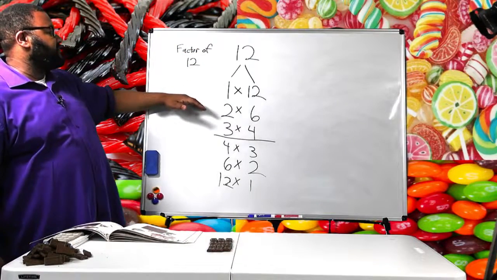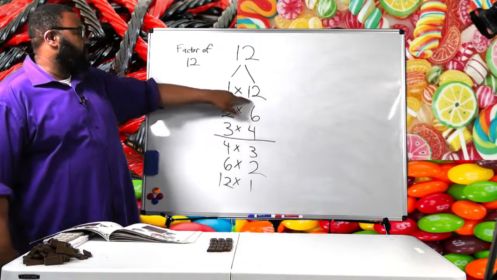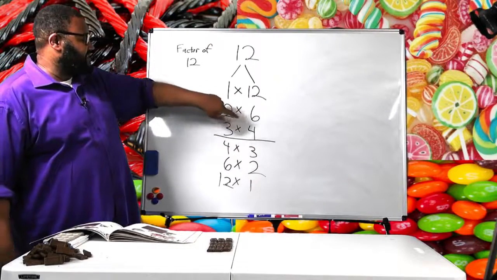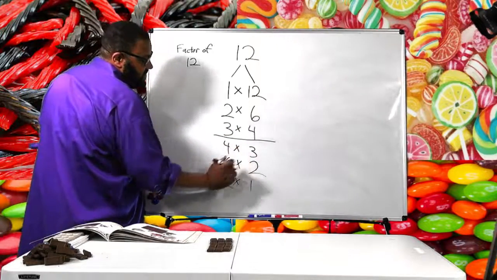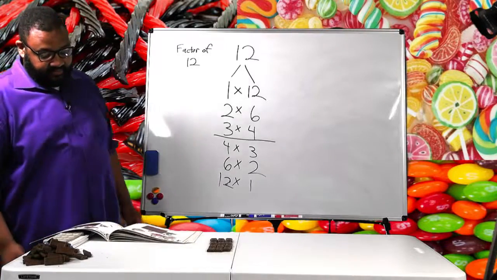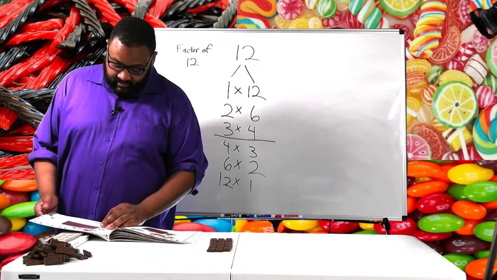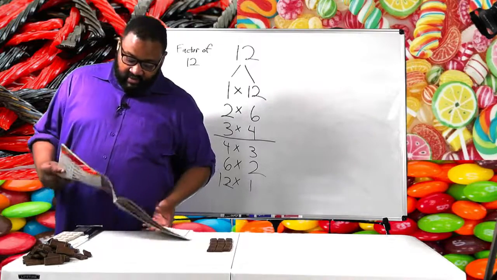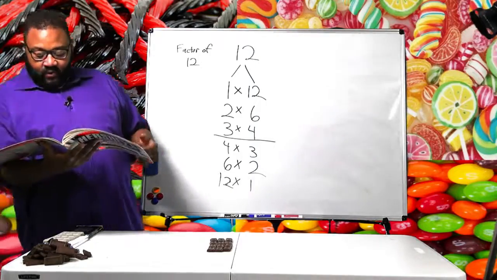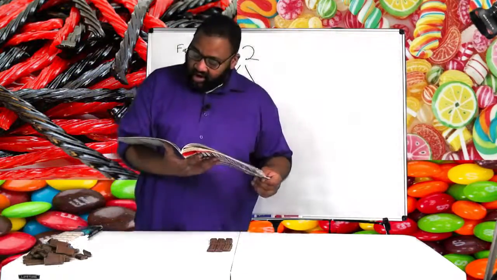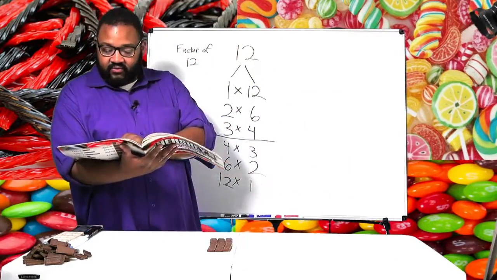What are the factors of 12? 1, 12, 2, 6, 3, and 4. Because these are the turnaround facts right here, so we don't count the number twice. And of course, guess what it says right here? It says 1, 2, 3, 4, 6, and 12 are all factors of 12.